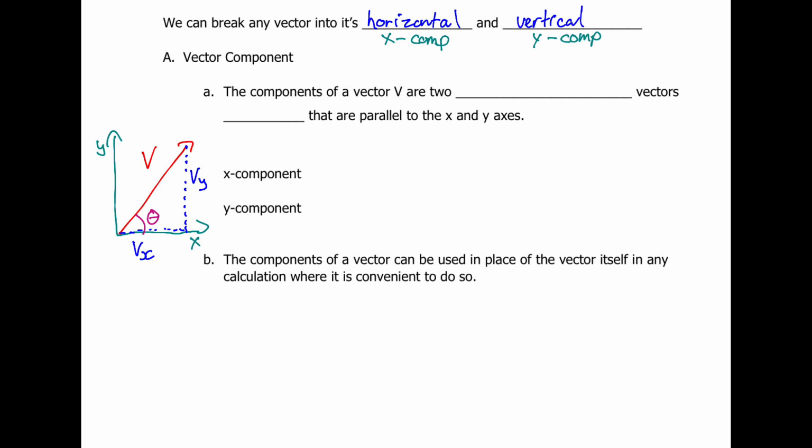Okay, next thing. The two components are always perpendicular. We call them Vx and Vy, and they're parallel to those axes.